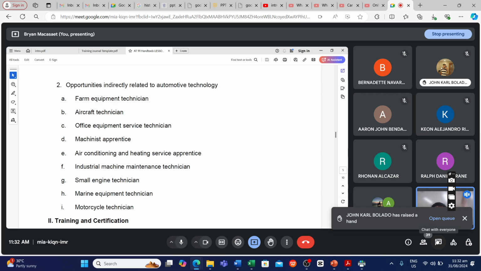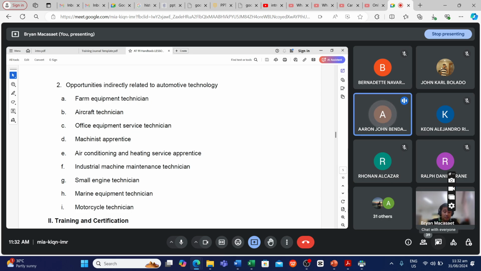Letter C, we have office equipment service technician. Letter D, machinist apprentice, yung mga machine works, related din siya. Yes, nagma-machine shop. Machinist apprentice. Letter E, air conditioning and heating service apprentice. Letter F, industrial machine maintenance technician.